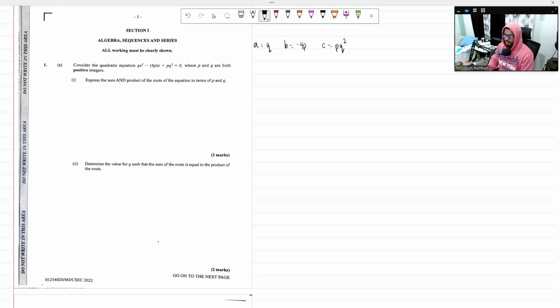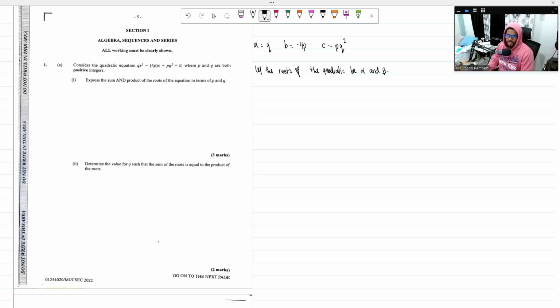So the sum of the roots is going to be alpha plus beta. No, they didn't say in terms. So here what I'm going to do, I'm going to say let the roots of the quadratic be alpha and beta.